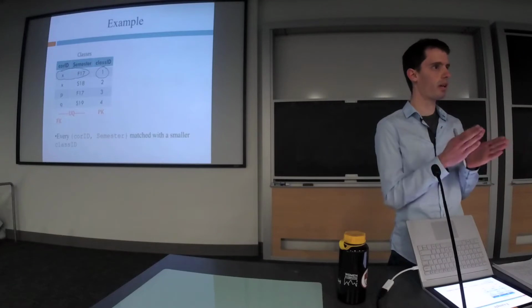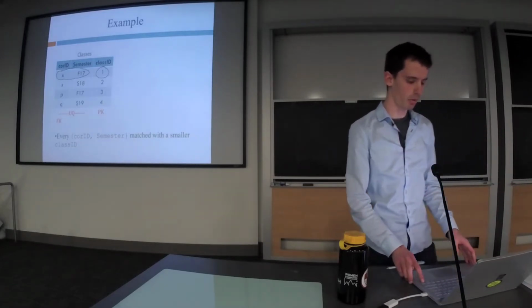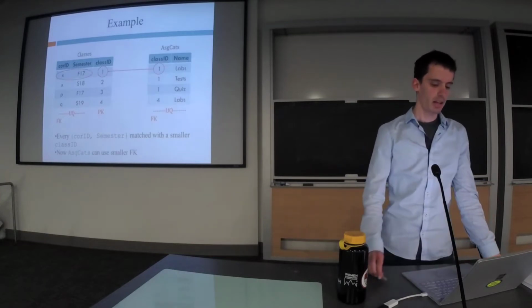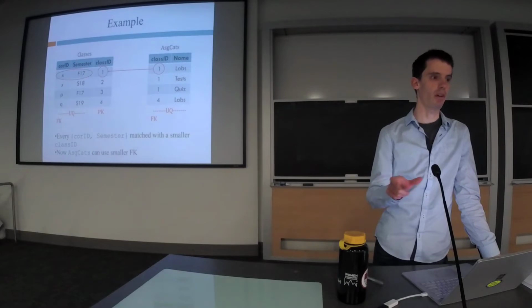So I've essentially shortened the key, made it so I can uniquely identify them with a smaller piece of data. Now I can just pull that into assignment categories as the representative of course ID plus semester.